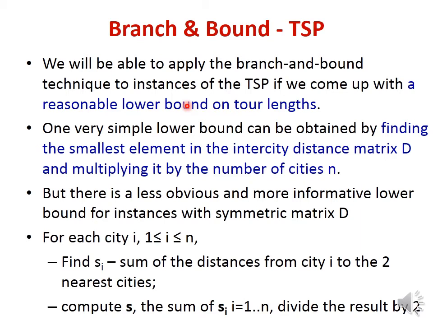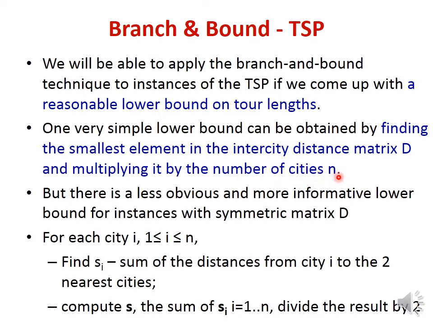So we need to come up with such a method. What is the method that we can adopt to compute the lower bound? One very simple method to compute the lower bound for the traveling salesman problem is to find the smallest element in the intercity distance matrix D and multiply it by the number of cities n.